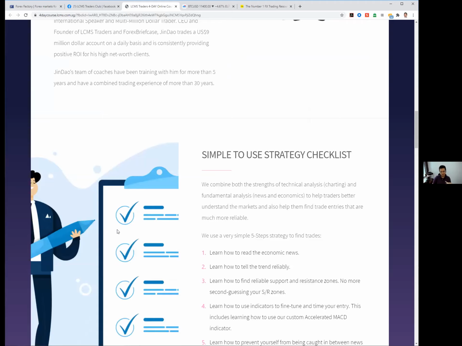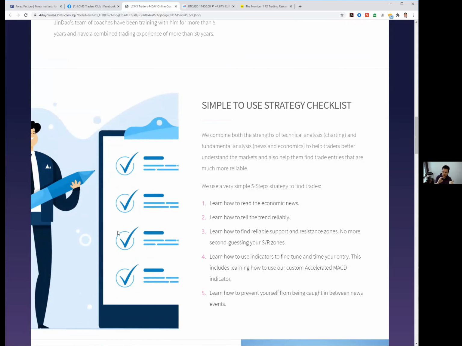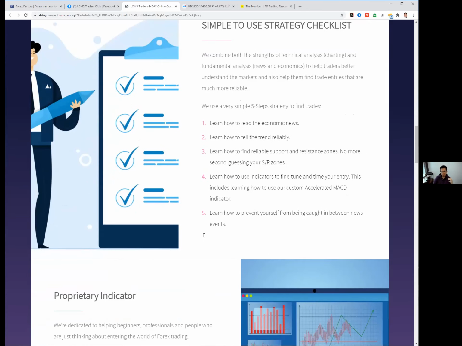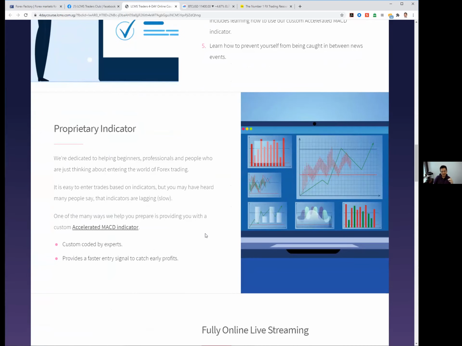I'll be sharing with you these 5 steps on how to trade: looking at news, looking at trends, support, resistance, giving you the indicators to tell you when to enter a trade at a better time. There are indicators that I have created that I use on a day-to-day basis, that I used to only give to people who attended my 2-day program in person, where I coach them through the whole process.